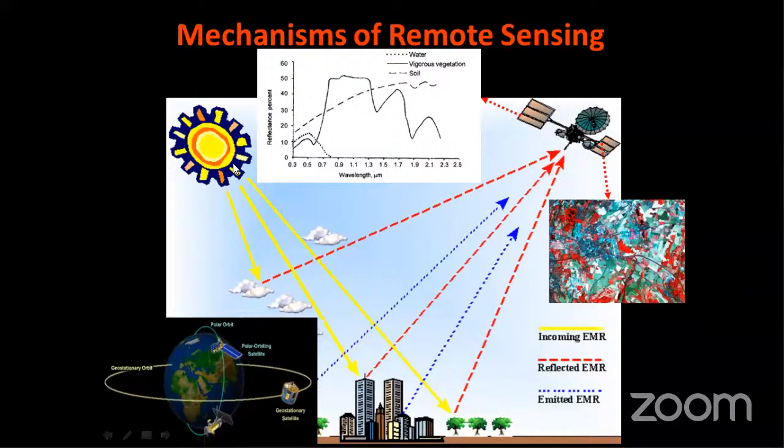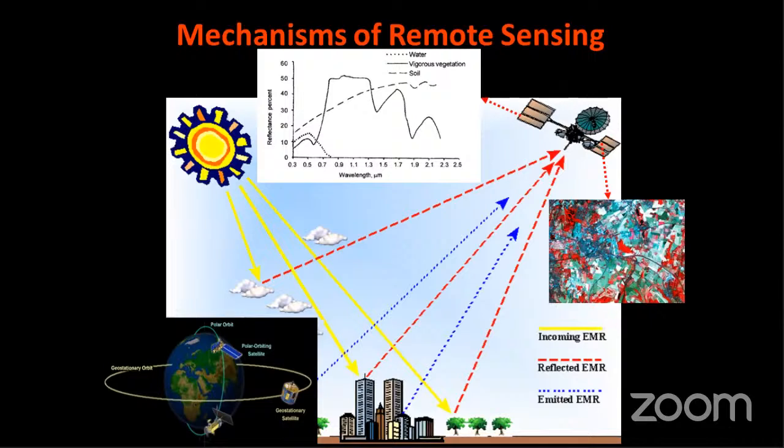So what is emitted? Once this light comes to the Earth's surface, the surface features do not reflect everything into the atmosphere. They absorb something, and hence this absorbed energy gets emitted, because temperature flows from high to low environment.